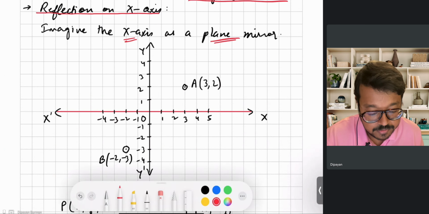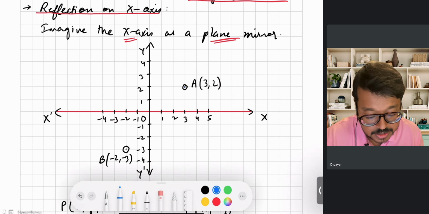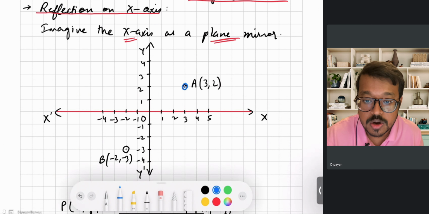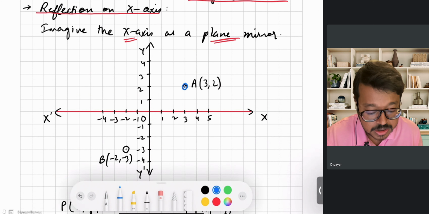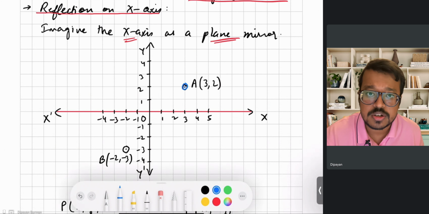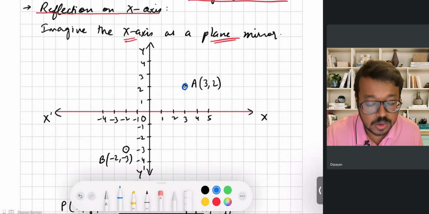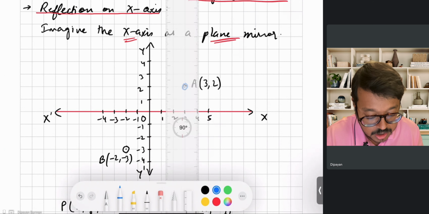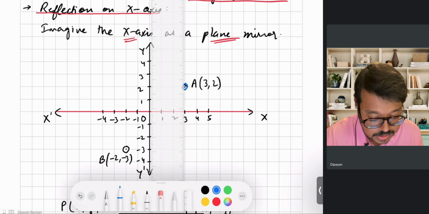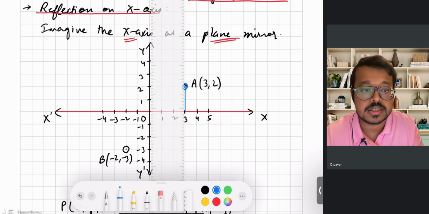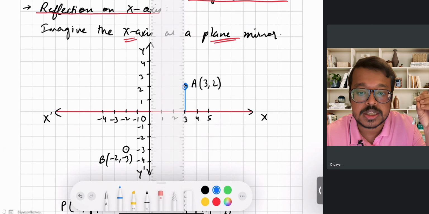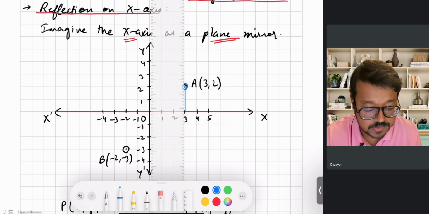So suppose we have a point, let's say A, with the coordinates 3, 2, and the x-axis is acting as a plane mirror. Then if I want to find the image, I need to look at how far the object is from the mirror. So I see that it's 2 units above the mirror. The x-axis is the horizontal line, and point A is 2 units above the mirror.